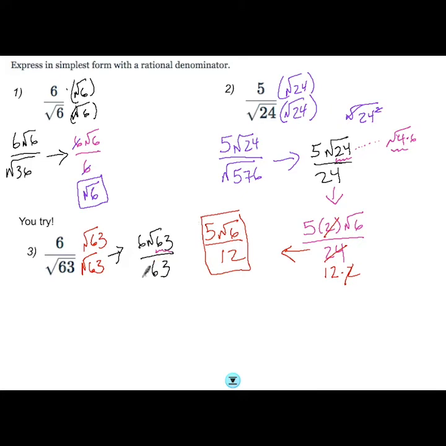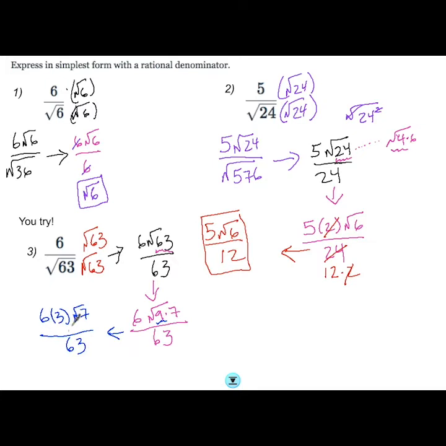How about 9? 9 and 7. So this is going to be 6 times square root of 9 times 7 all over 63. The square root of 9 is 3. So this is going to be 6 times 3 times square root of 7 all over 63.